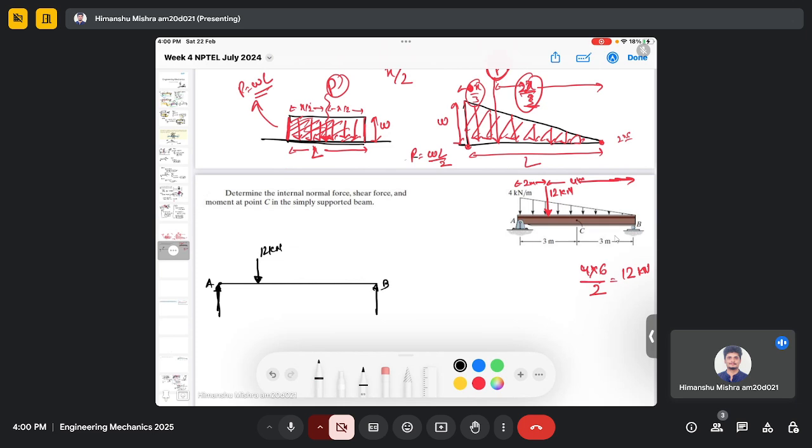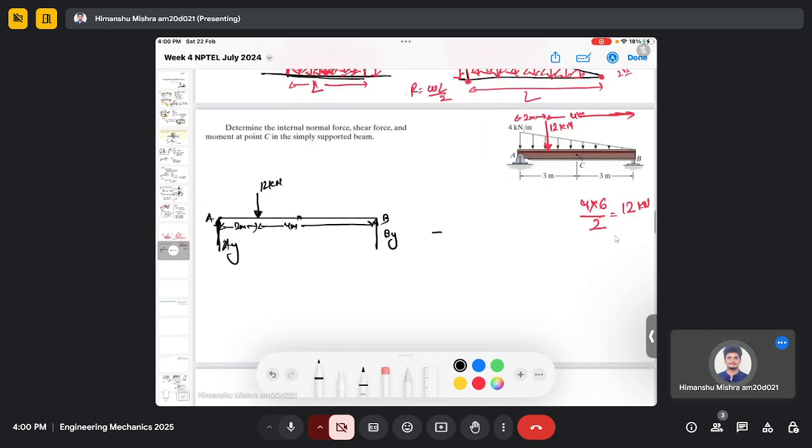A, B. If I take the moment at point B equal to 0, again clockwise positive and anti-clockwise negative, I will have AY times 6 minus 12 multiplied by 4 equals 0.